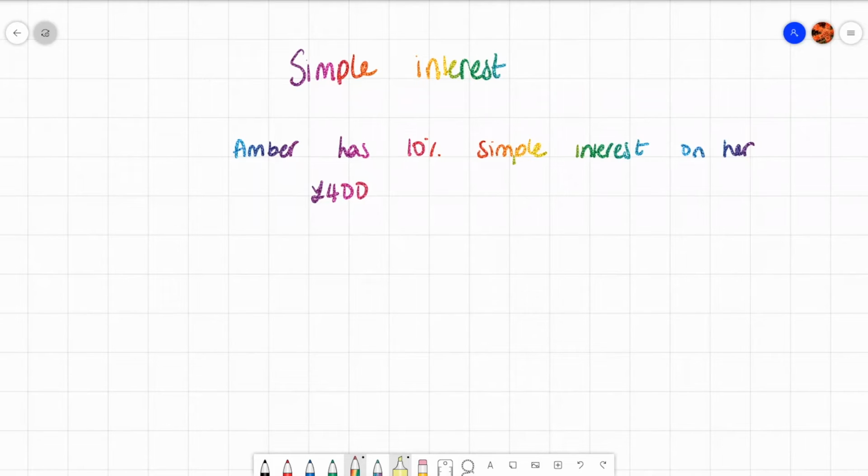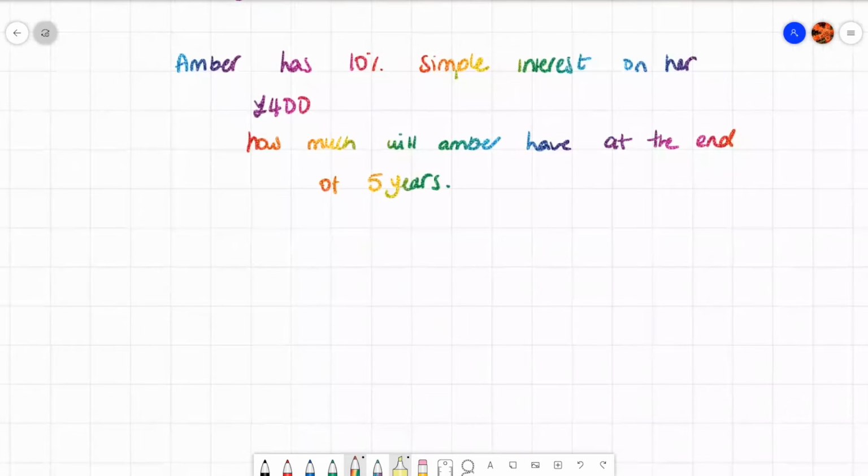So that means that each year she will get 10% of the £400. So we're going to say how much will Amber have at the end of 5 years. Okay, so this is how it works.